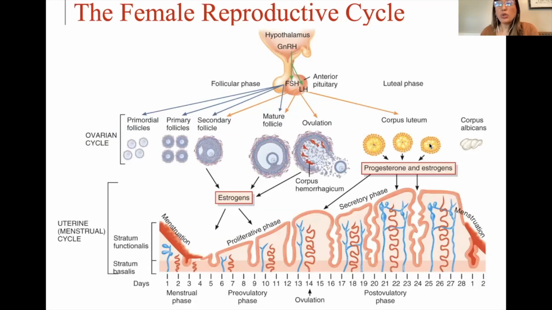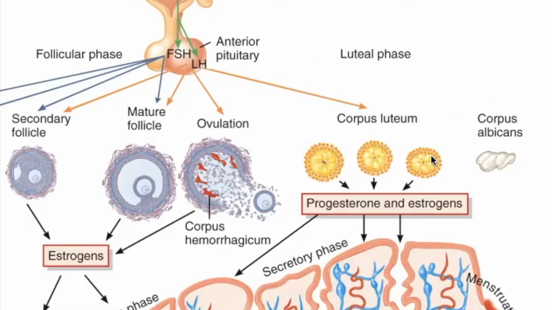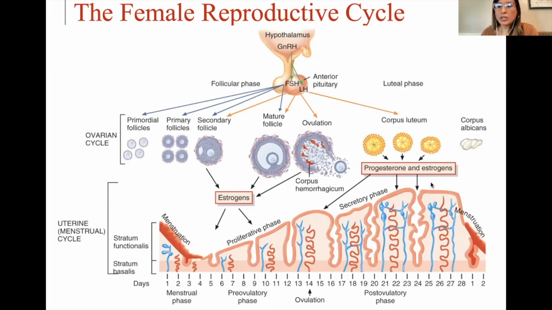If there was no fertilization, right, that corpus luteum eventually becomes the corpus albicans, and the corpus albicans eventually disappears. And if there was no implantation of egg that was fertilized, then menstruation happens again. And so females start the cycle all over again.